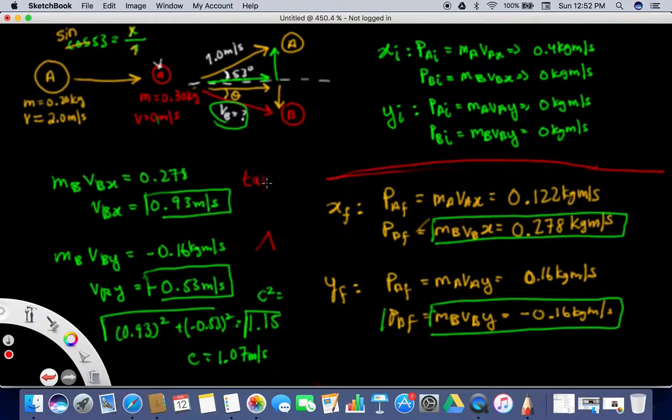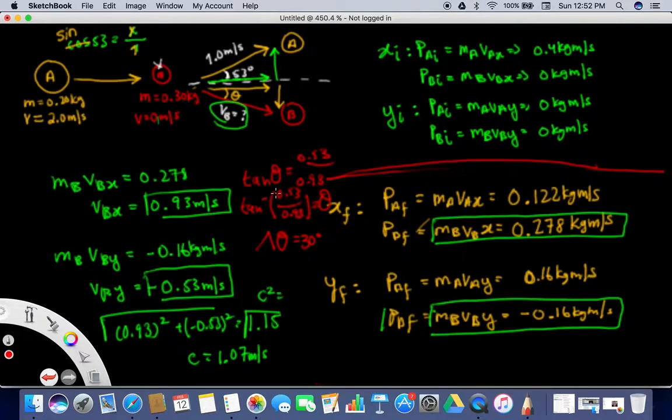The tangent of theta, which is opposite over adjacent, will be 0.53 divided by 0.93. If we take the inverse tangent of 0.53 over 0.93, we will get theta. If we type this into our calculator, you'll get a theta of about 30 degrees.